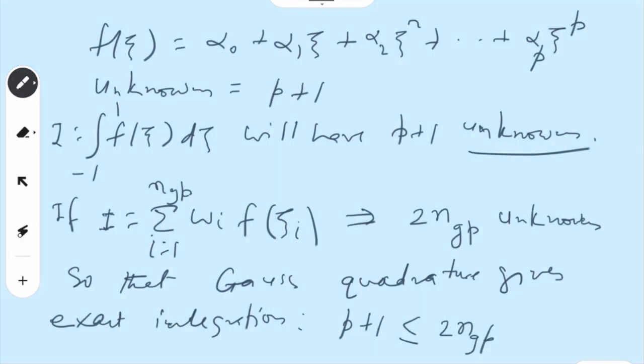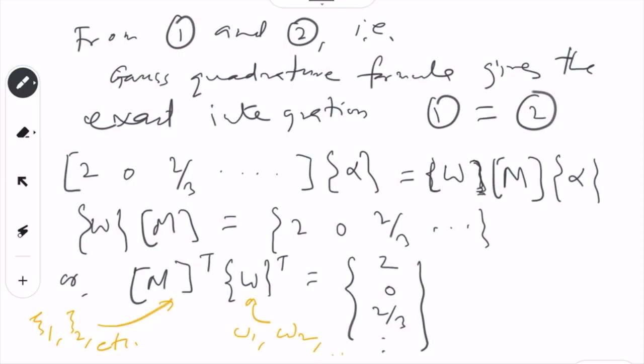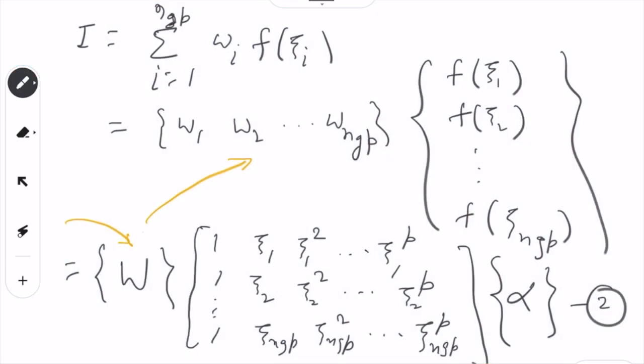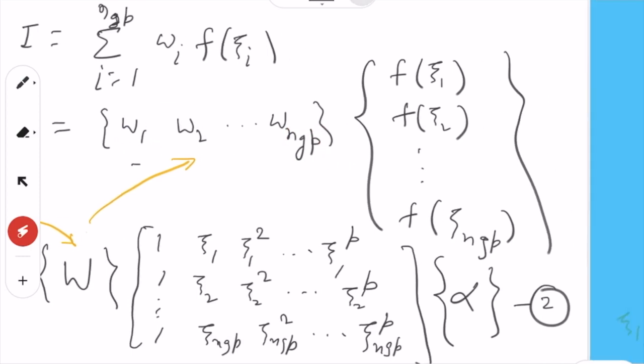Okay, and then we have that M matrix, then W transpose. So let's see what W is. So we wrote like this. So this is the W. So W transpose, that means we have W1, W2 like this, but we have only one point, NGP is only one point, hence we have just W1 only, there is nothing else.